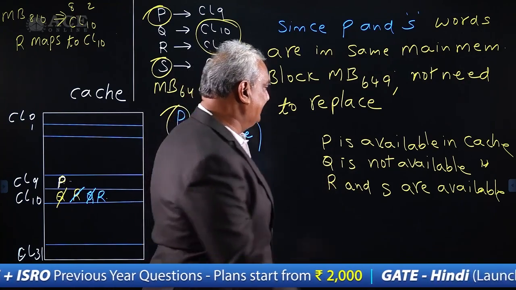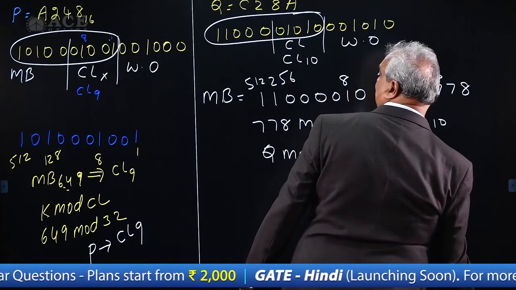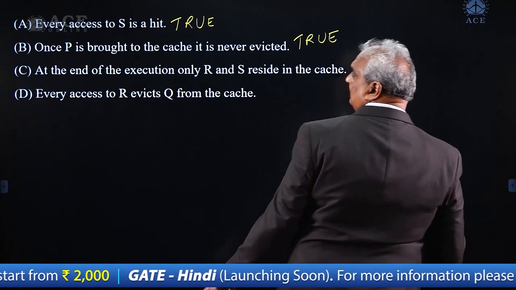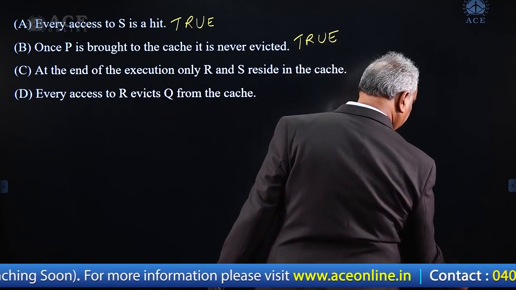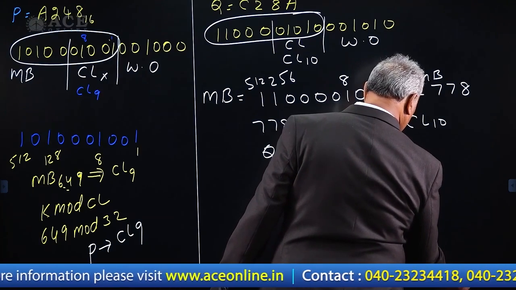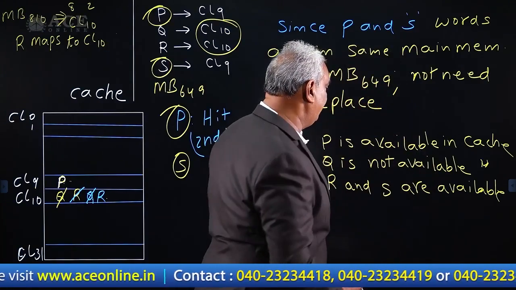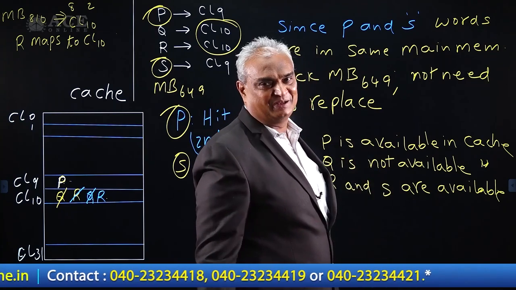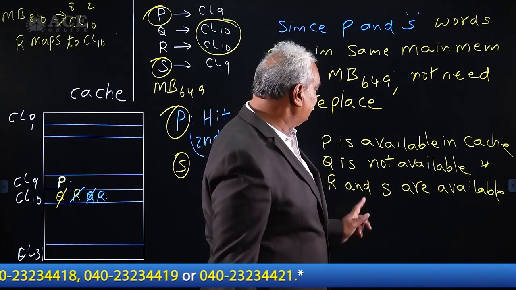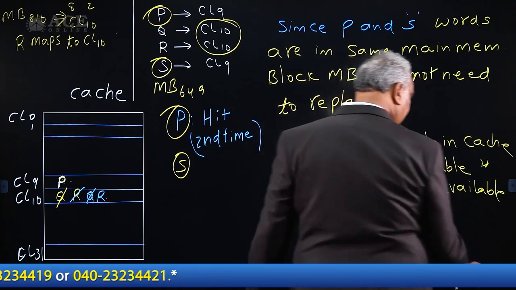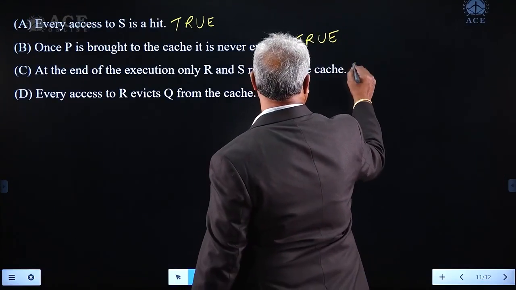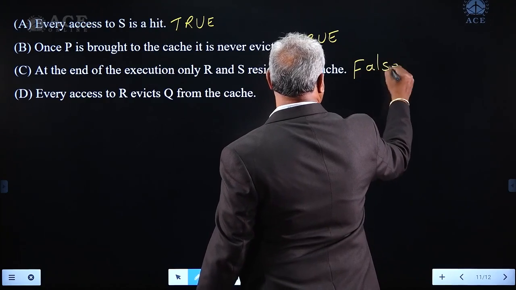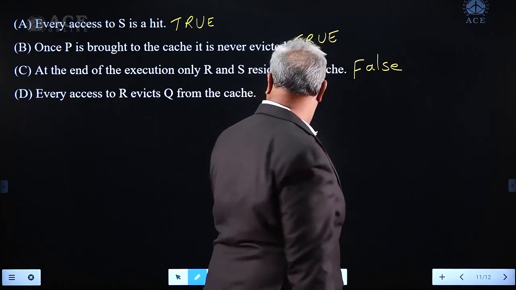But in the option, he mentioned only R and S. Not only R and S, P is also available. That's why it is false. Except Q, all remaining words are available.